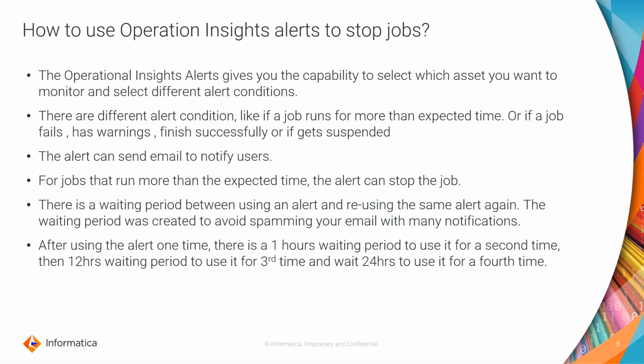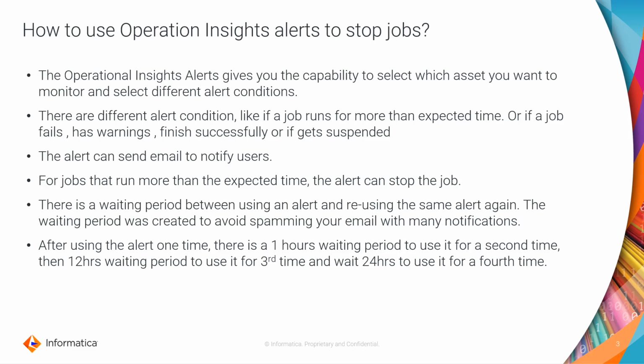Now, when you use these alerts, there is a waiting period between when you use one alert and when you reuse the same alert later. This waiting period was created to avoid spamming your email with so many notifications. So basically, if you have one alert that is monitoring one job and you trigger this alert, you will have to wait 1 hour to use the same alert for a second time.